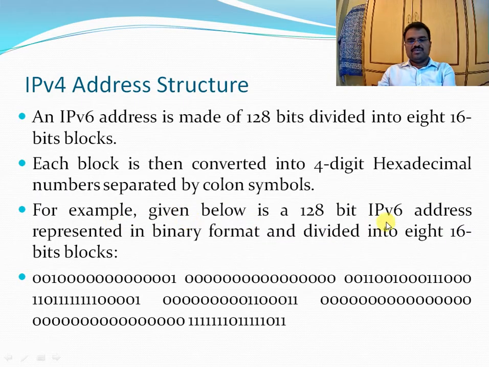The example given below is a 128-bit IP address represented in binary format and divided into 8 16-bit blocks. There are 8 16-bit blocks in total, forming a 128-bit number to represent the IP address.